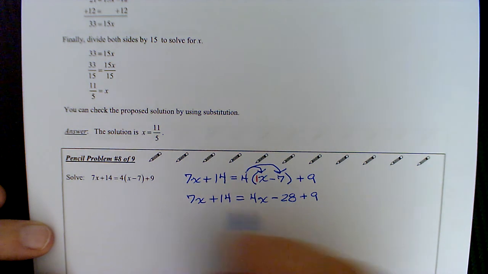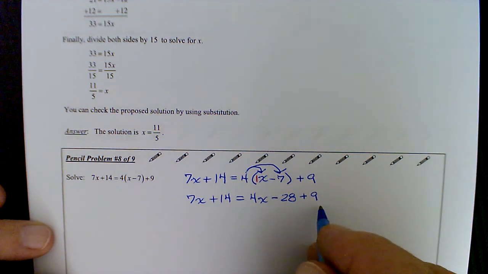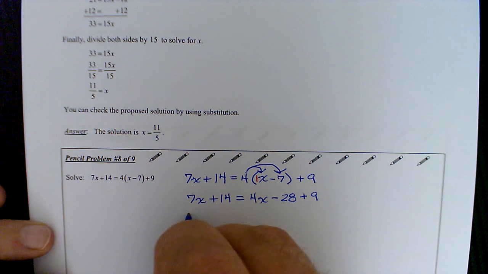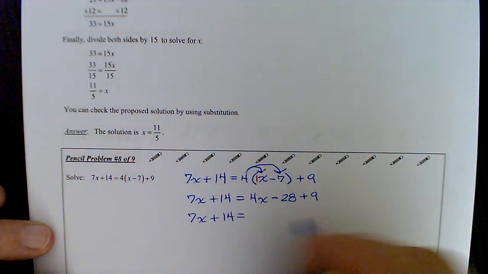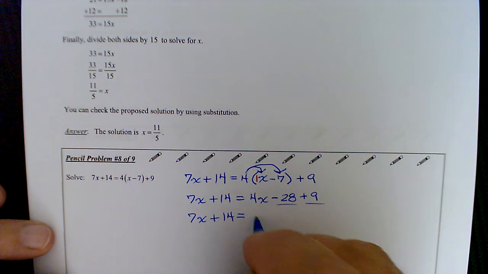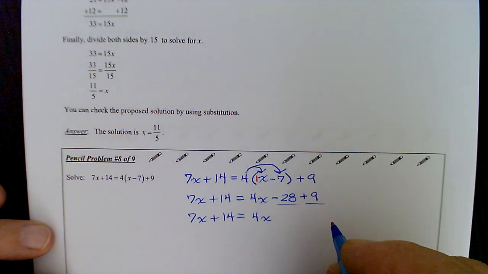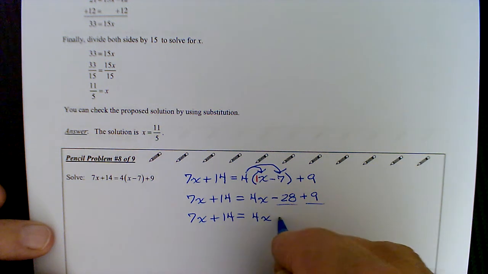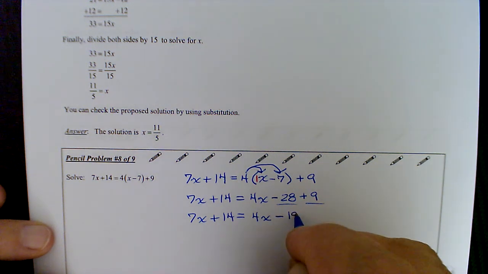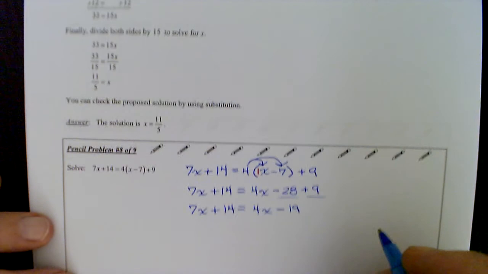They're not like, so we can't combine, but on the right we see 3 terms, so we know we can combine something. And in this case, it's the constant terms. So we recopy the 7x plus 14 equals 4x, and then minus 28 plus 9 is minus 19.